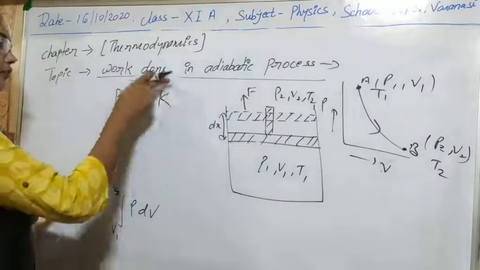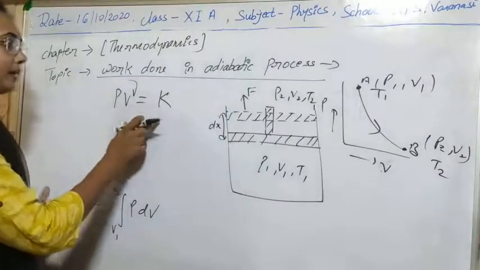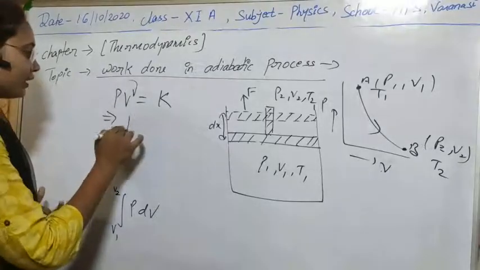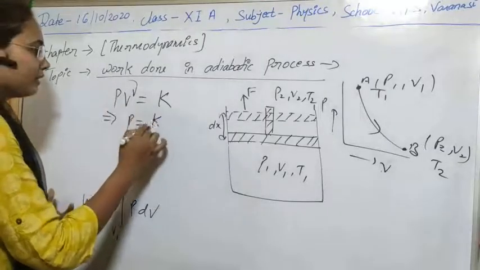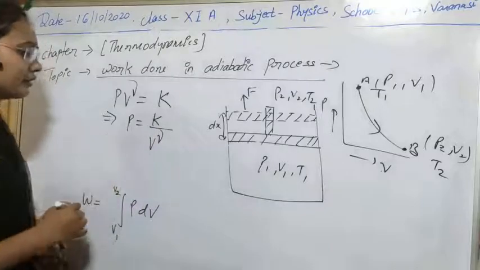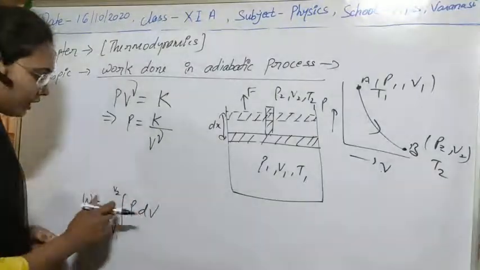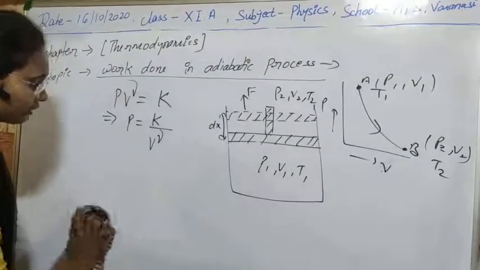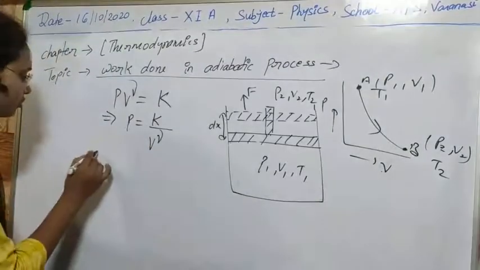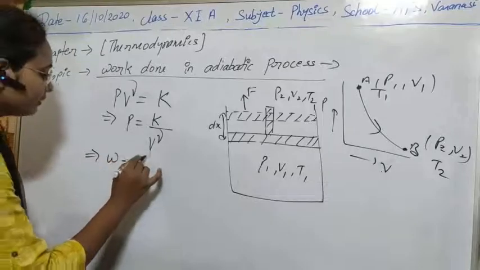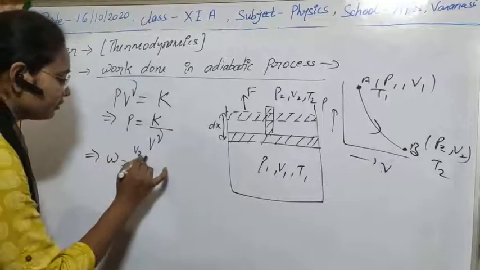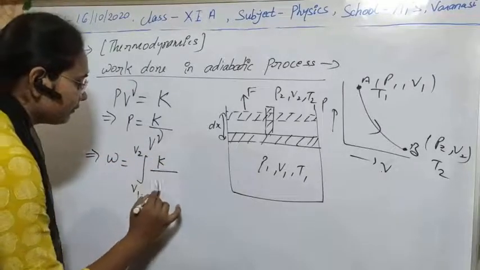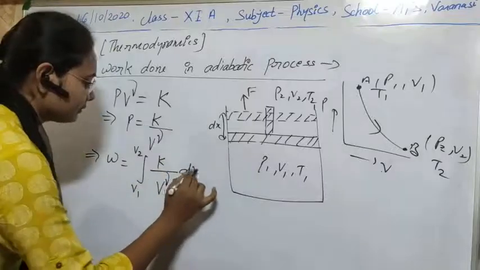So if you take this equation of adiabatic process, then we can easily calculate the value of pressure, that will be P equal to K upon V power gamma. After putting the value of P here, we will get all the values in terms of V. So what will be the work done, that will be the integral from V1 to V2 of K by V power gamma dV.